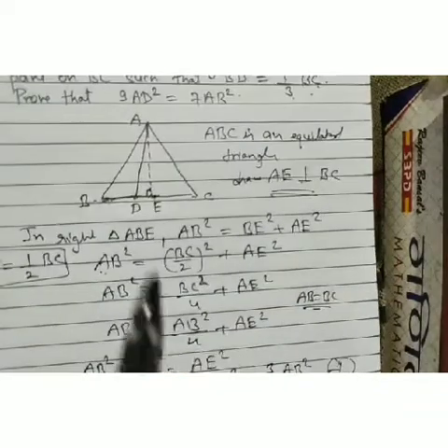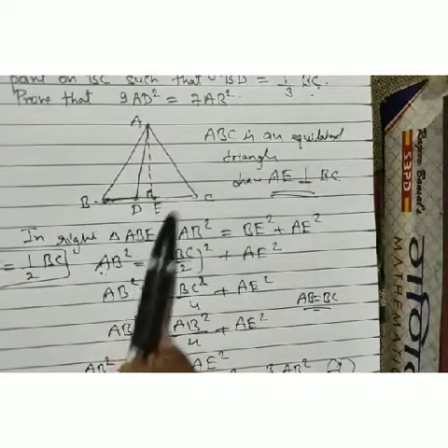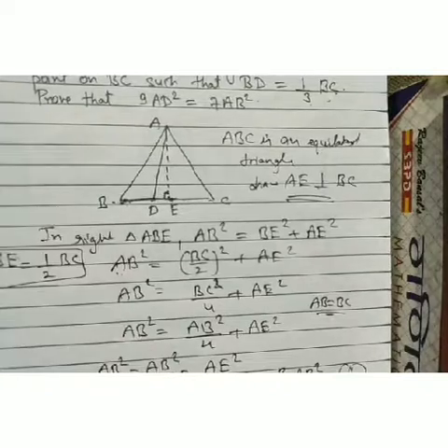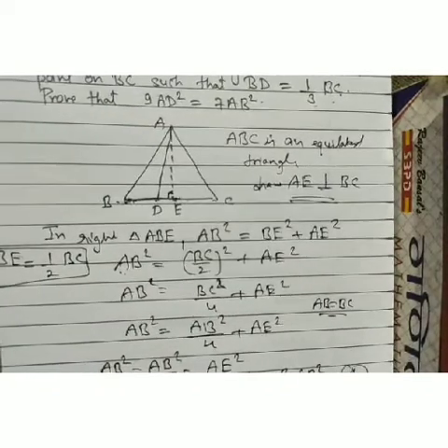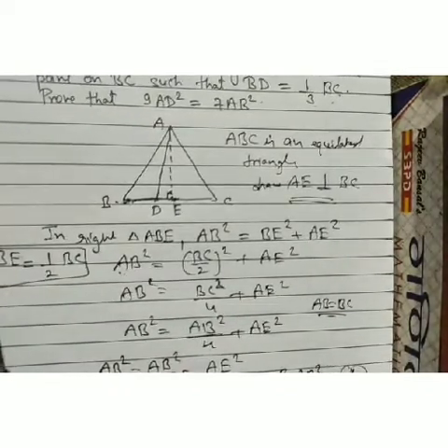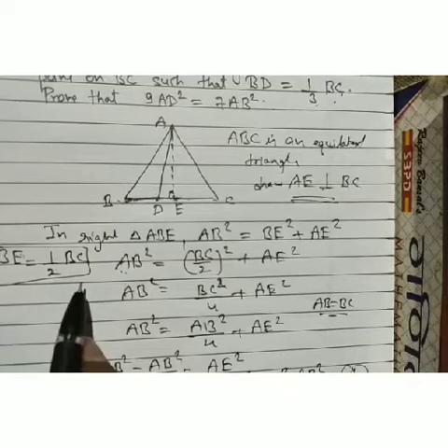Now it's already given BD equal to 1 by 3 BC, but by construction E is the midpoint there. Then BE is equal to half of BC.